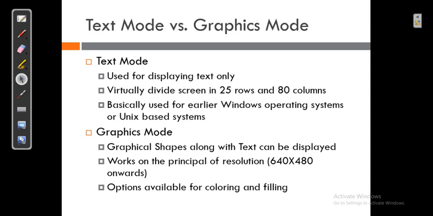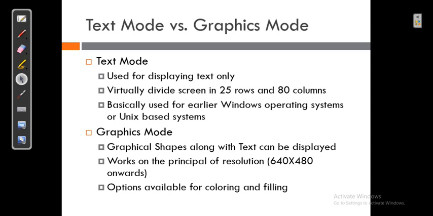Nowadays we are working with a resolution of nearly 1900 by 1200, depending upon our screen. If it is a wide screen, then we will have a different sort of resolution. If we have a screen of aspect ratio 4 by 3, then you may have some different resolution.